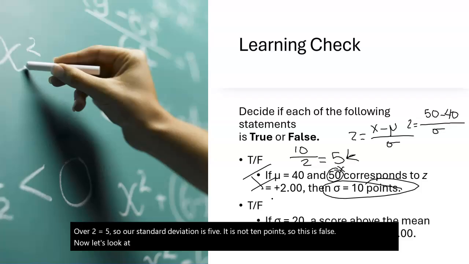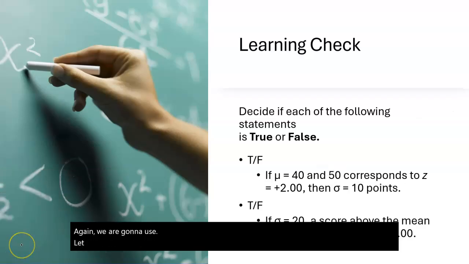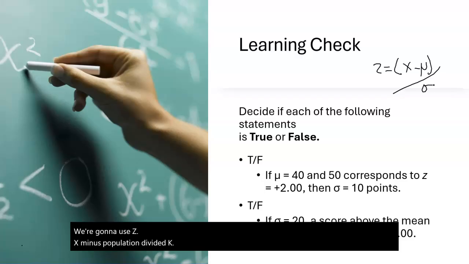Now let's look at number 2. If our standard deviation is 20, a score above the mean by 10 points will have a z-score of 1. So, again, we are going to use x minus the population mean, divided by the standard deviation.